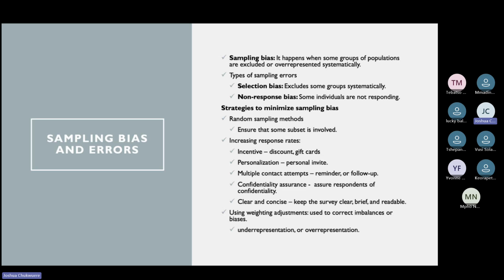Okay. And then also confidentiality assurance. Ensure that each response is confidential, meaning that whatever they provide will not be disclosed to anyone, or their names and particulars will not be associated with their response. That can also assist in increasing the response rate. So be clear and concise.